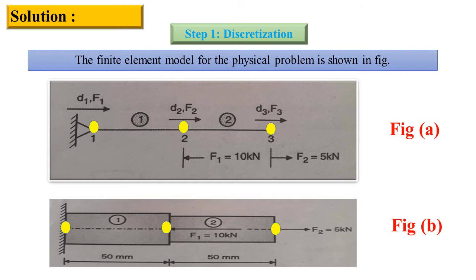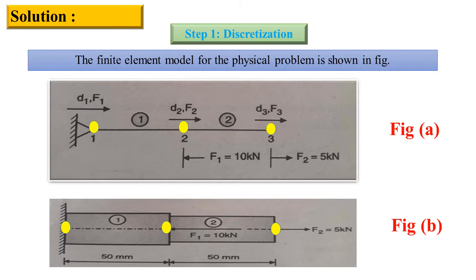So at node 1 displacement D1, force F1. At node 2 displacement D2, force F2. At node 3 displacement D3 and F3. But this F1 doesn't mean that F1 value we have to consider here. Here F1 means force present at node 1, just as D1 means displacement at node 1.